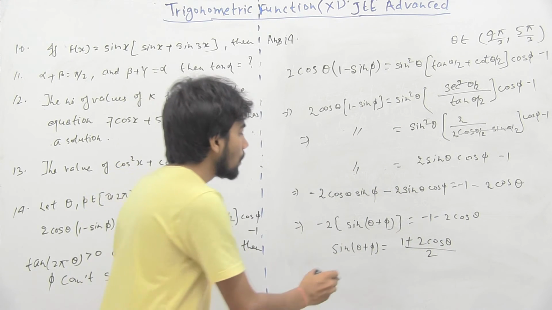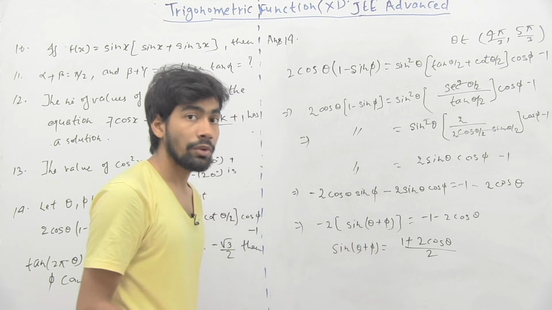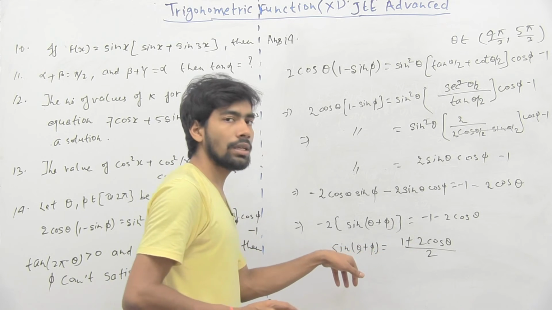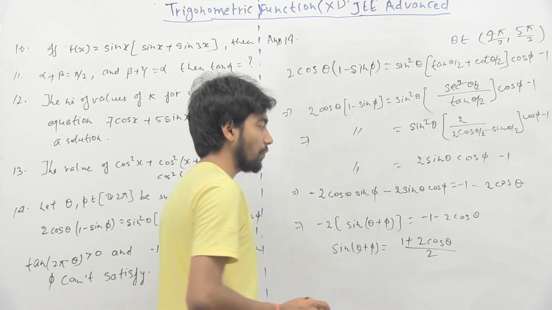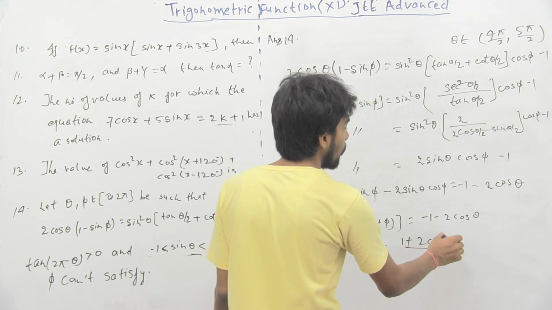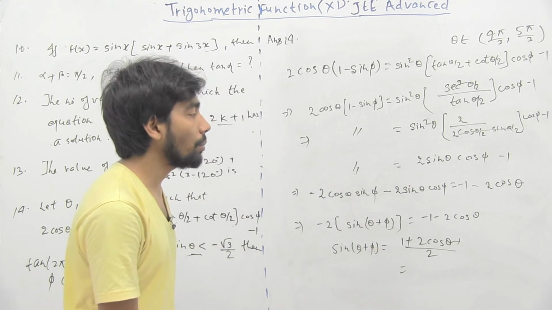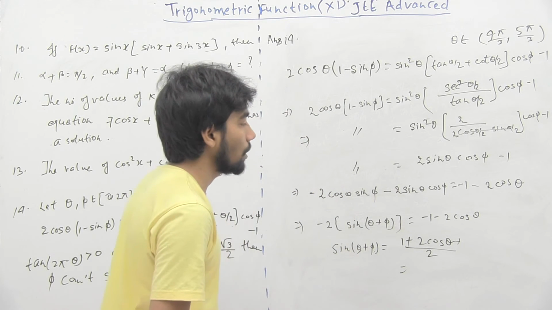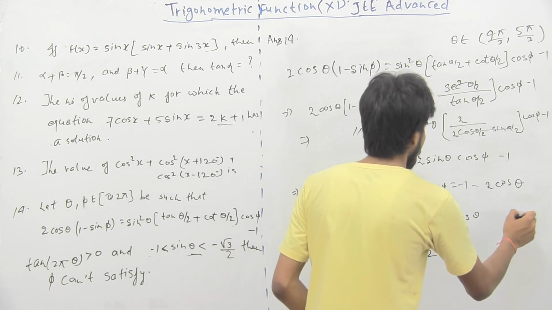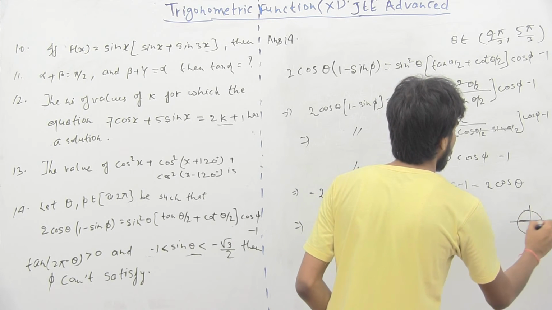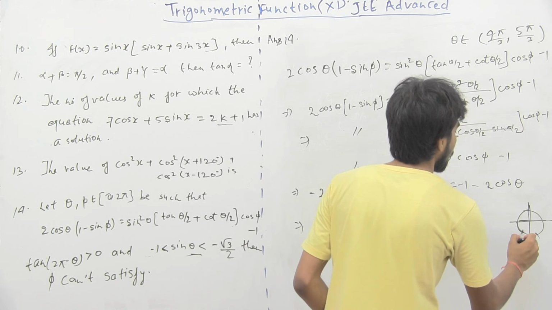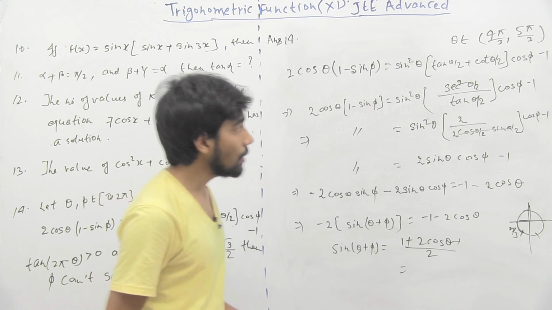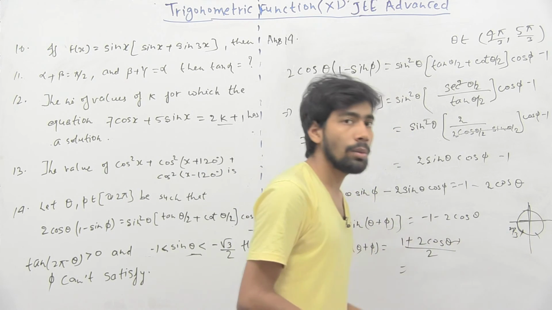Now since we found the range of θ but we do not have any restriction on φ till now, we will first take the range of sin(θ + φ) using the restriction on θ. So θ is an element of 4π/3 to 5π/3. So what is the value of cos 4π/3? Here is 4π/3 where π/3. It will be minus 1 by 2, and at 5π/3 which is 30 degrees beyond this it will be 1 by 2. Okay.